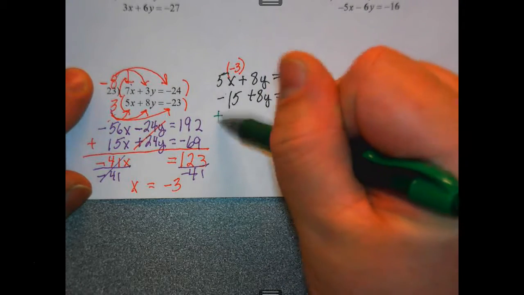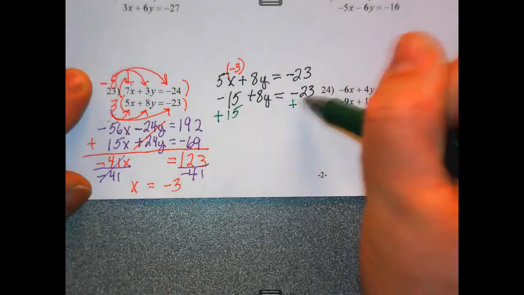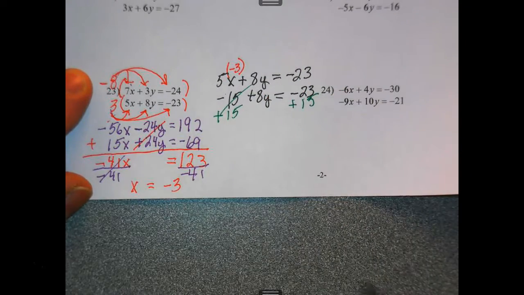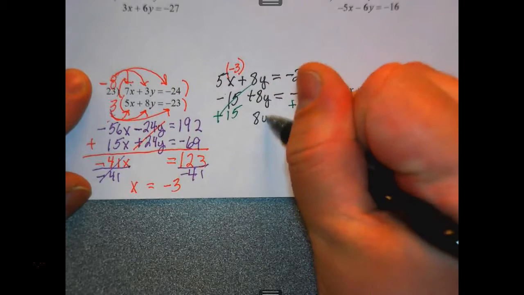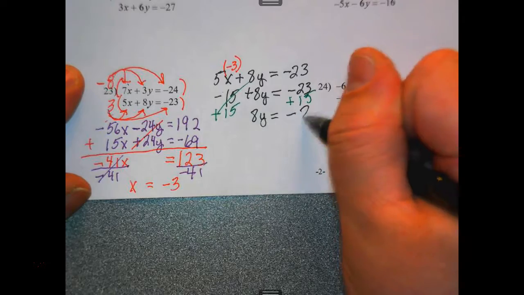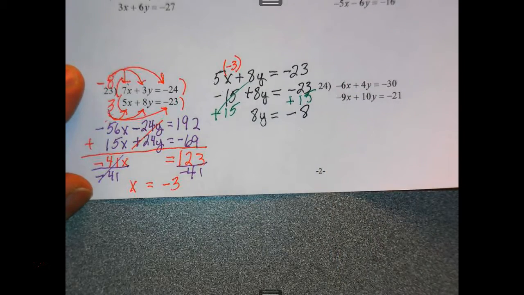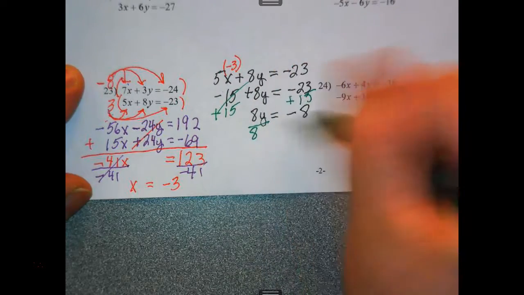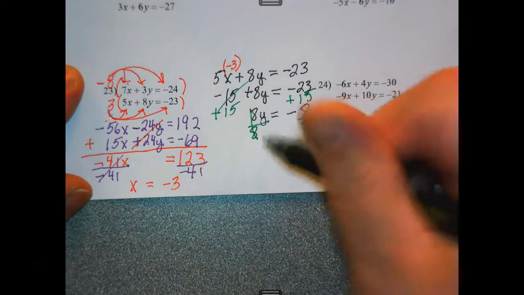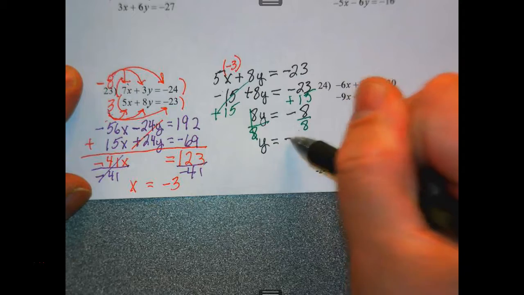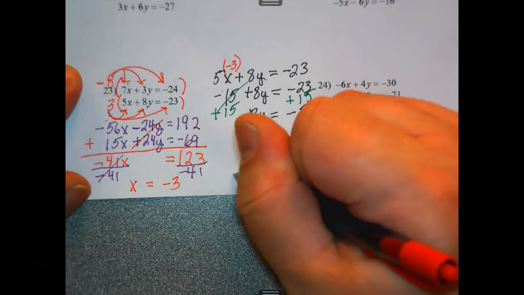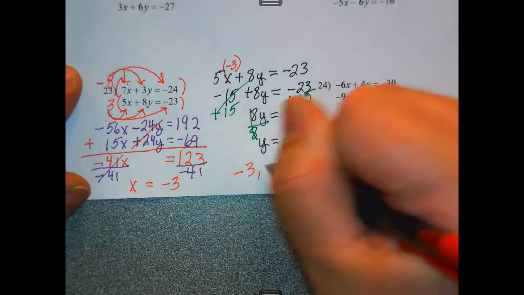Add 15. I get 8y equals negative 8. Divide by 8. So y equals negative 1. My answer, my x is negative 3, y is negative 1.